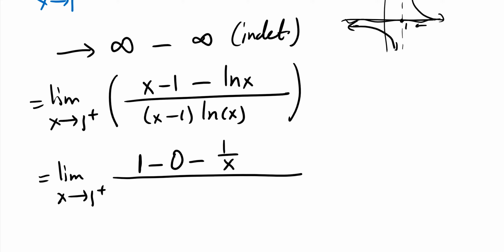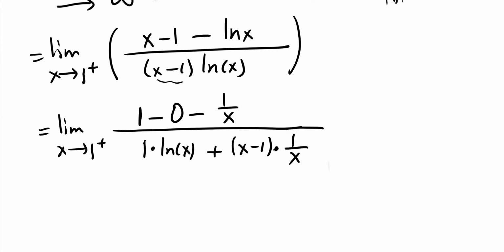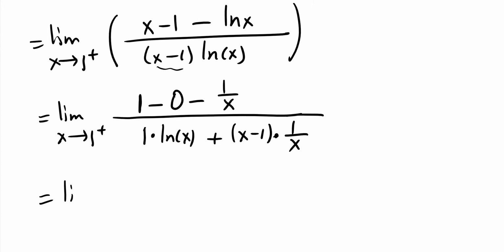The derivative of the bottom is the derivative of the first one, which is 1 times natural log of x, plus the first one times the derivative of the second, 1 over x. So I use the product rule in the denominator. Let's see what we can do next.